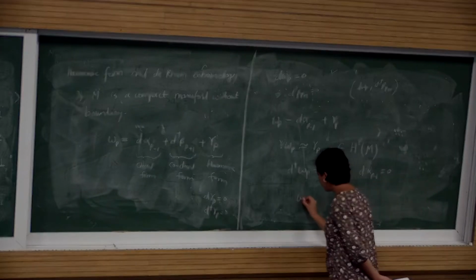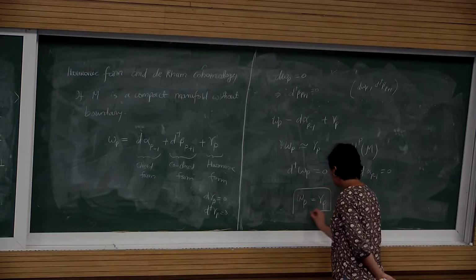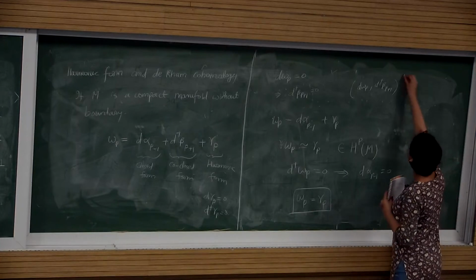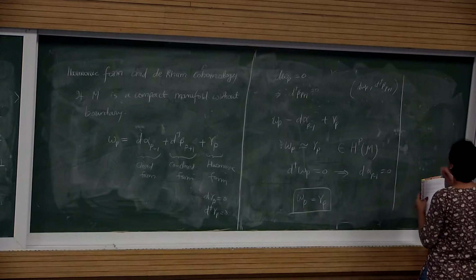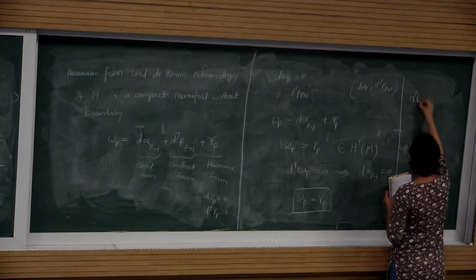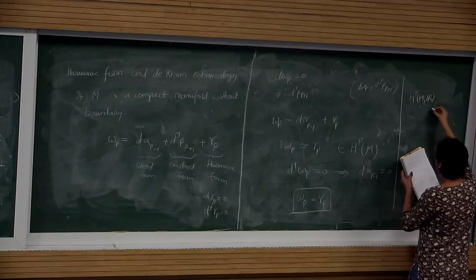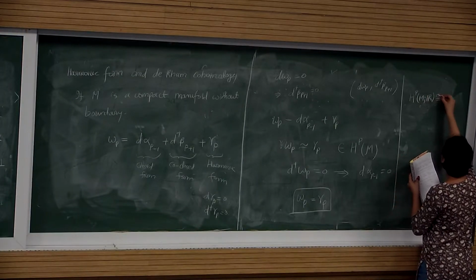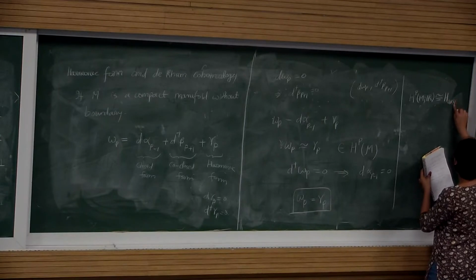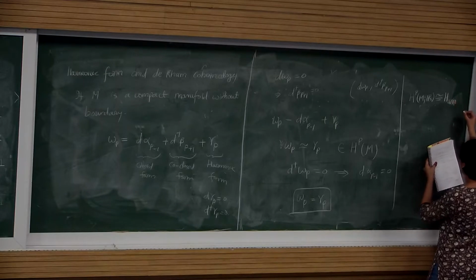So basically omega p is equal to gamma p, and this is nothing but a statement of isomorphism for Hp, which is the p cohomology class, to the space of the harmonic forms. So I'm just writing HARM for that.